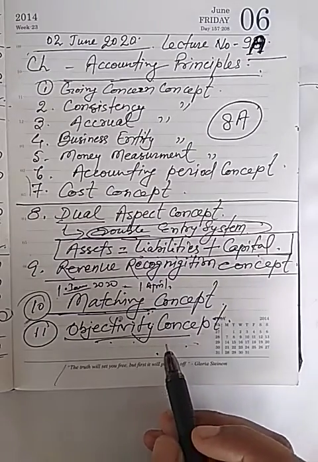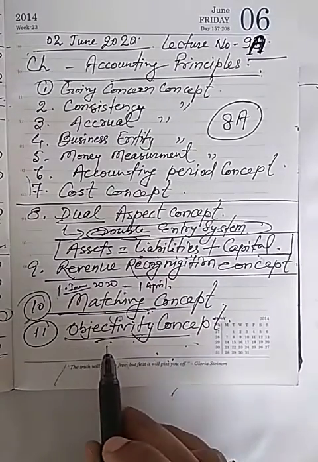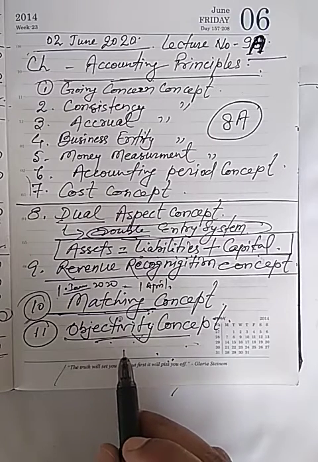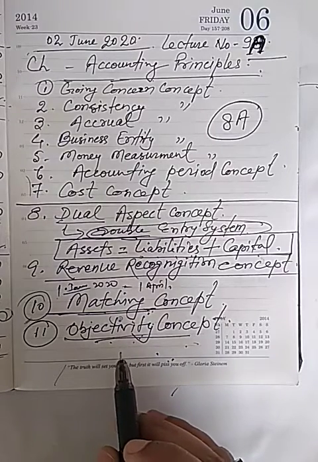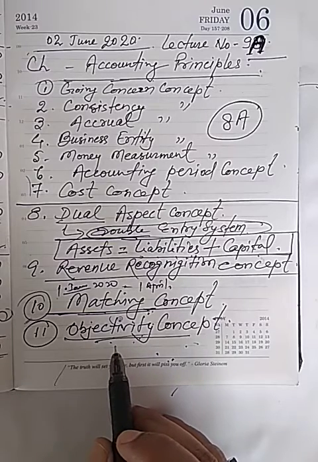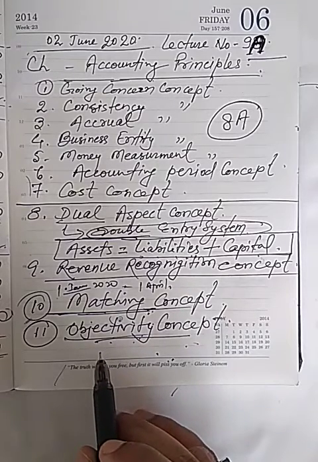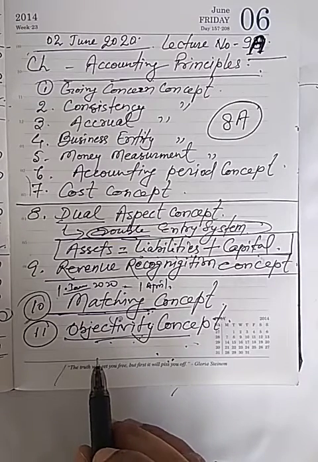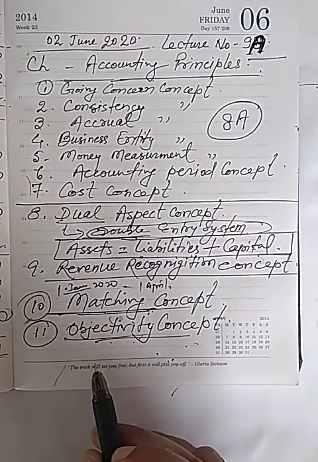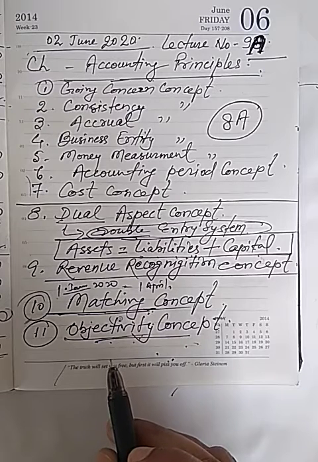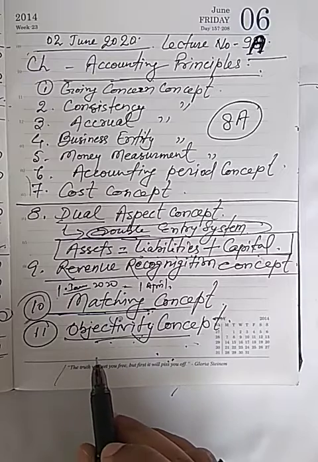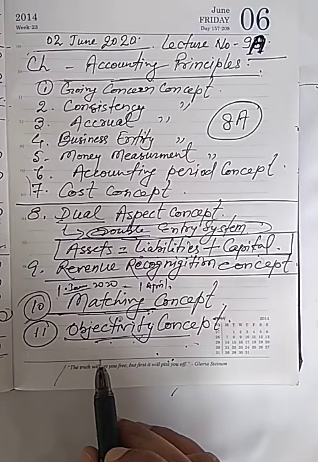So objectivity is one of the reasons for adopting the historical cost as the basis of recording accounting transactions, because the cost actually paid for an asset can be verified from the document.